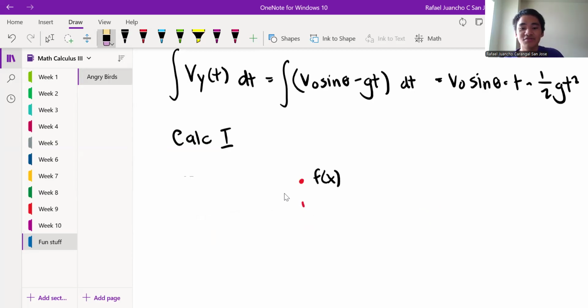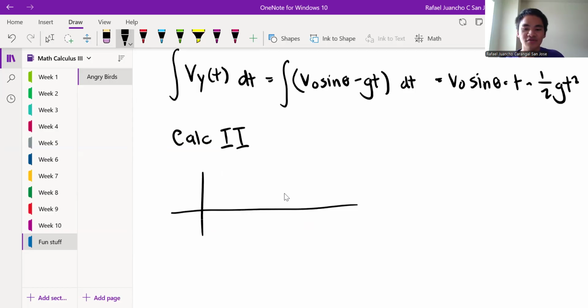Now Calc 2 is the reverse. What do I mean by reverse? This is time, and now we're given the speed, and we have some curve here. If the speed is constant like this, that's the easier one.